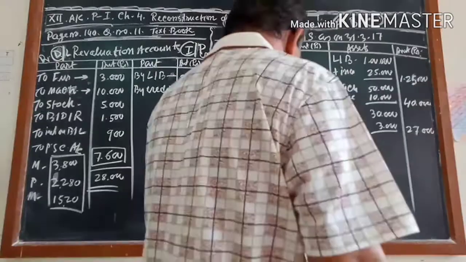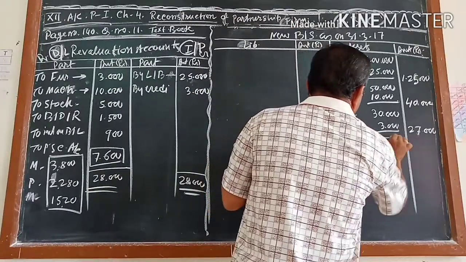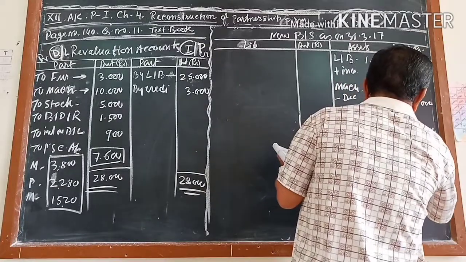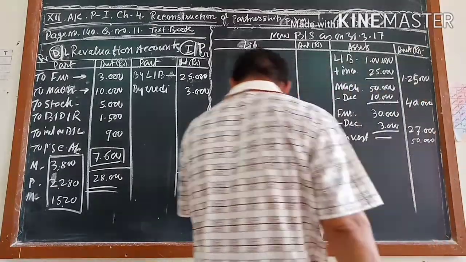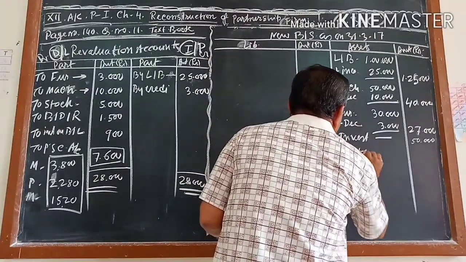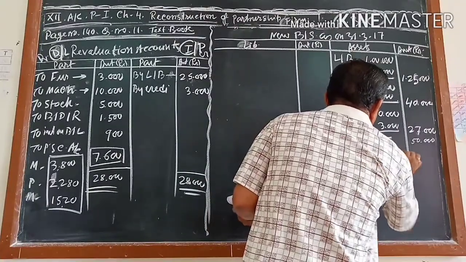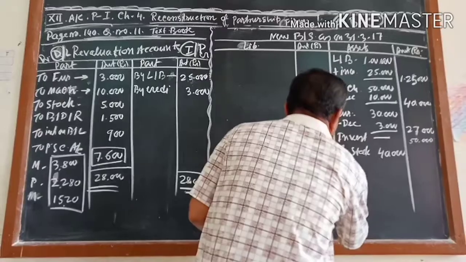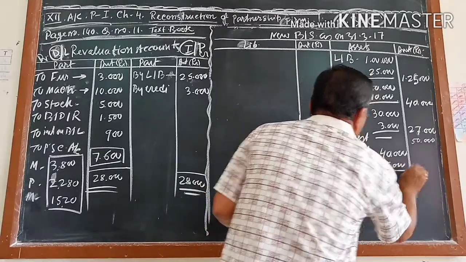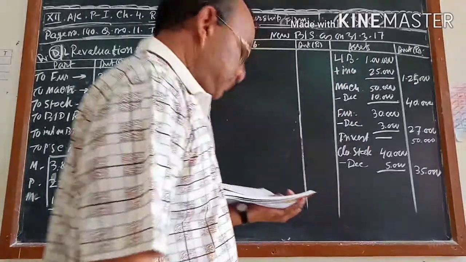Understand? Next, investment. Is there any change? No. If there is no change, you write the investment amount outside. Don't write in the inner column. It's 50,000. Closing stock. Closing stock change was there. I think it was 40,000, and it is less by 5,000. That means it became 35,000 outside. Understand or not?